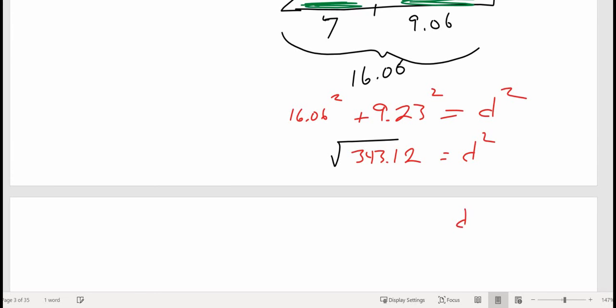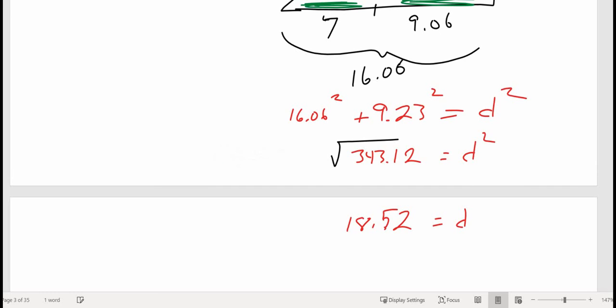When I take the square root, we're going to wind up with 18.52, potentially. Let me see how different it would be, 343.12. If you typed in just what I had written on the screen, it would be 18.52. It's just a little bit different.